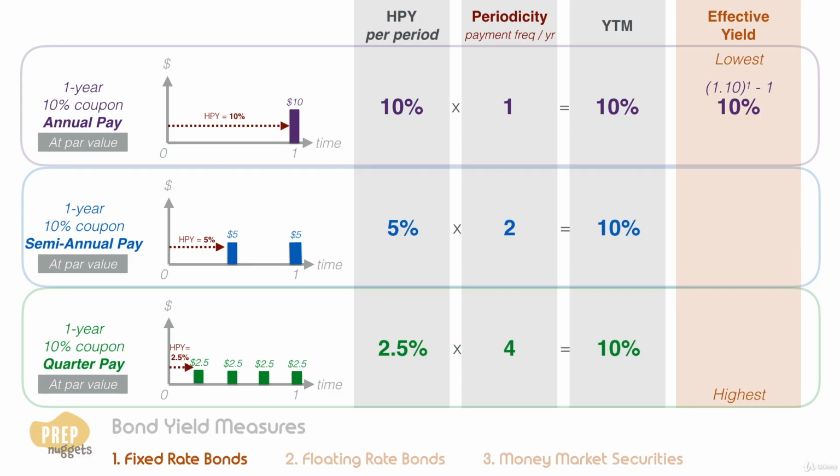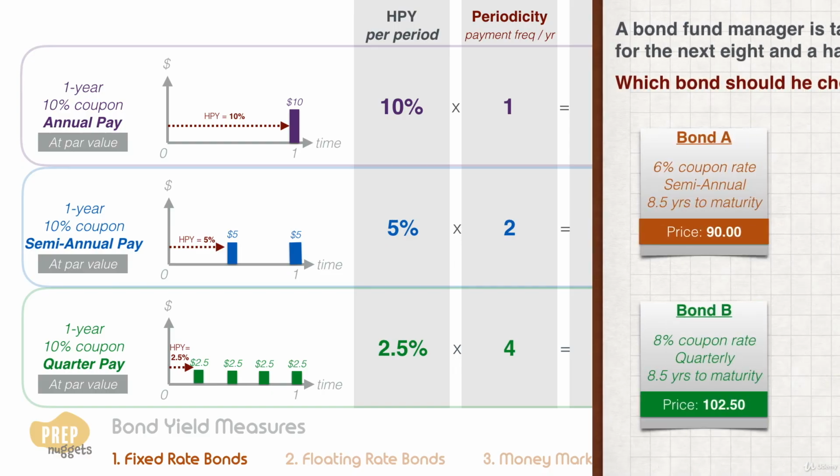The semi-annual coupon has an effective half-year rate of 5%, which when compounded by 2 periods is 10.25%. And the quarterly coupon bond has an effective quarter-year rate of 2.5%, which when compounded by 4 periods is 10.38%.